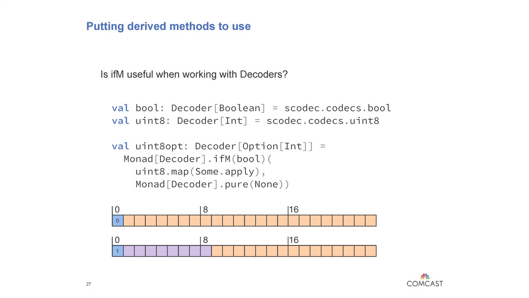So what does that have to do with working with binary? Let's take a look at this example. Here we have two decoders. The first decodes a single bit from a bit vector. If it's a 0 bit, it returns false, and if it's a 1 bit, it returns true. We also have another decoder that decodes an 8-bit unsigned integer.